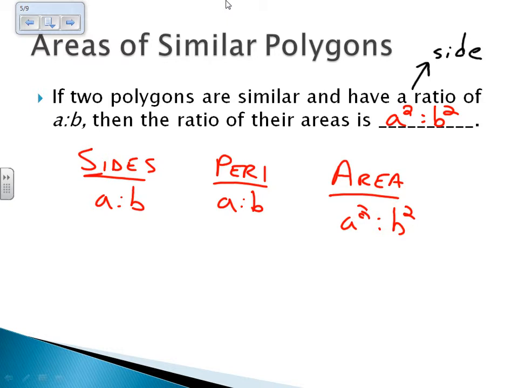Although we're not going to talk about it in this chapter, anybody want to guess what the volume would be? Yeah, cube. It would be A cubed to B cubed. Because volume you would measure in, if I said what is the volume of this box, you would say 120 inches cubed. Notice how the squares work that way, and then the cubes for the volume.